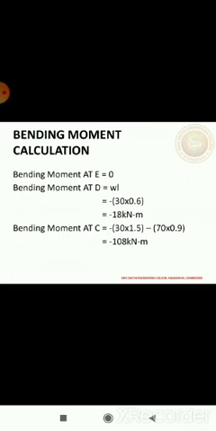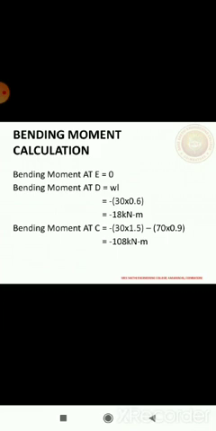In this bending moment, we use a negative sign because the load acting at point E is downwards, that is clockwise. For clockwise we use the negative sign.